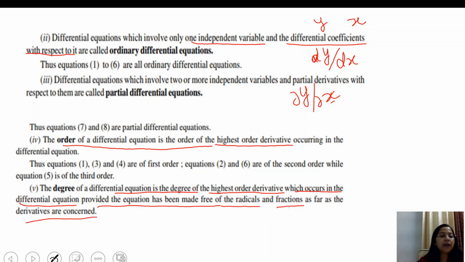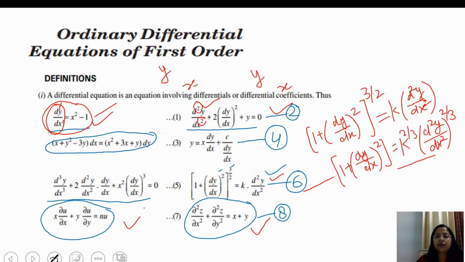So now to explain this, I'll go back to the previous page here. I have just simplified this differential equation where I have removed this fractional power, right? So I have made this differential equation free from radicals, or we can say surds. So there is no surd now present.